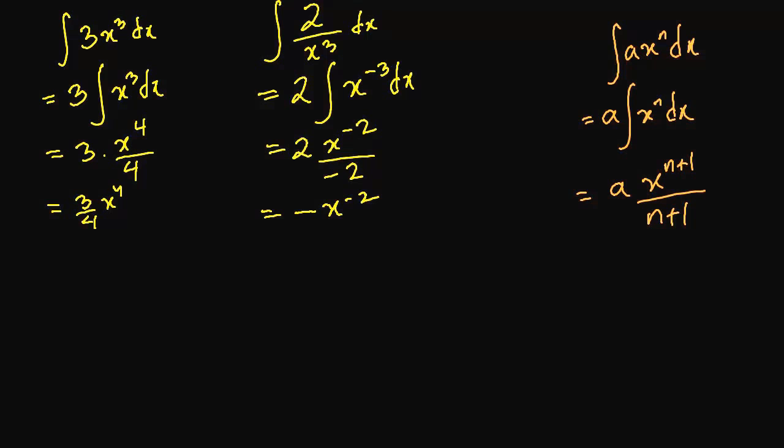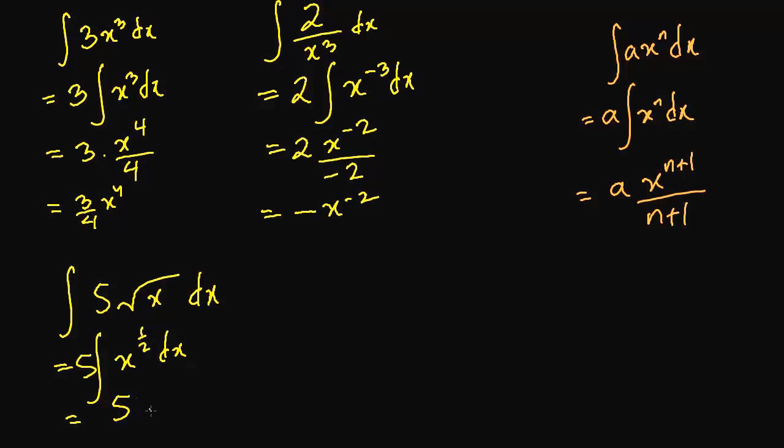What about exponents that are fractions? So if you have integration of 5 square root of x dx, in that case you have to do 5 multiplied by x to the power half dx, and this turns out to be 5 x to the power half plus 1, which is 3 by 2, divided by 3 by 2.